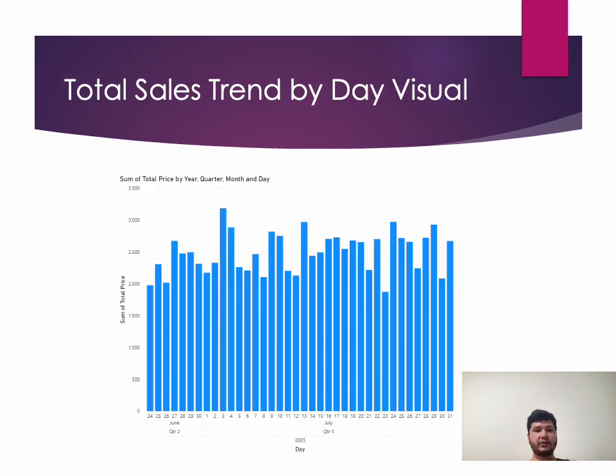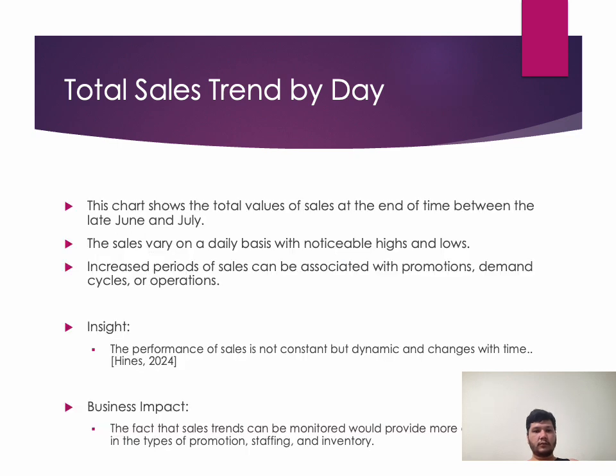The next slide is about the total sales trend by the day, which shows the sum of the total price by year, quarter, month, and the day. The following chart shows the total sales value on a day-by-day basis from late June to July. Sales vary with time, and they are characterized not by stability but by peaks and declines.